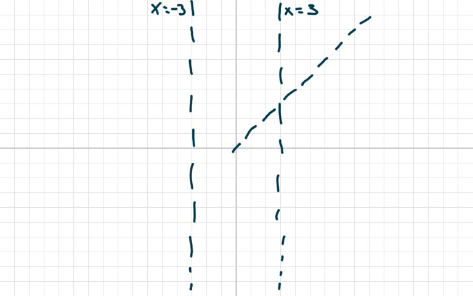We know it does cross here. Do that as best as I can. y equals x. Alright. And I have a y intercept at 0, 1/9. I have an x intercept here at 1, 0.